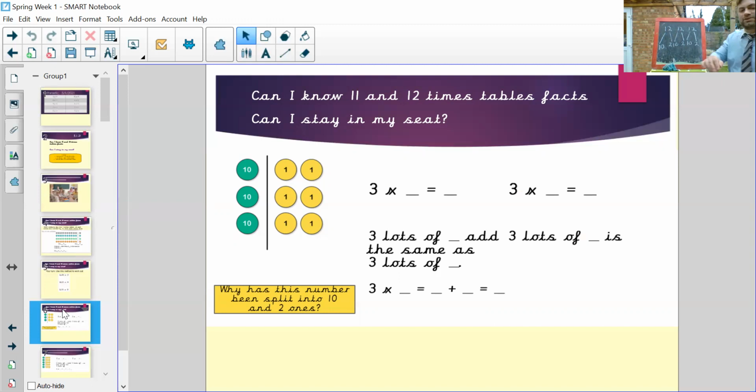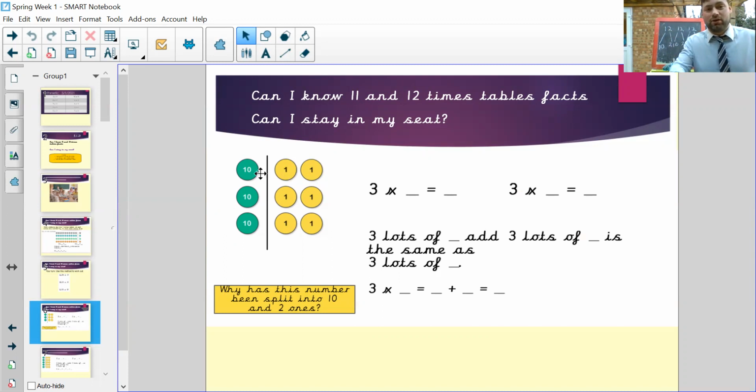You can see that in the picture just here where the mouse is. Okay, there's our first 12, 10 and 2 ones, and then another 12, and then another 12. And then what we do here, we've now got 3 lots of 12. So now we've got 3 times 12.